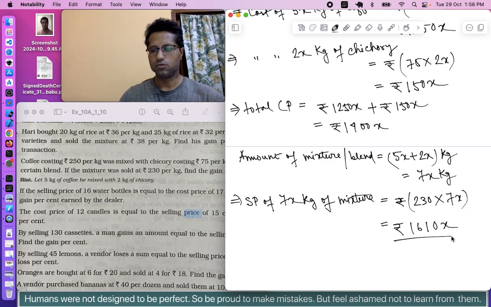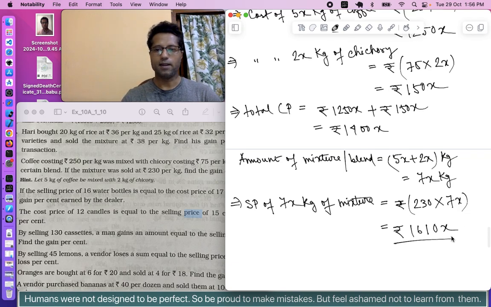This is the total selling price of the blend, and 1400x was the total cost price of the blend.